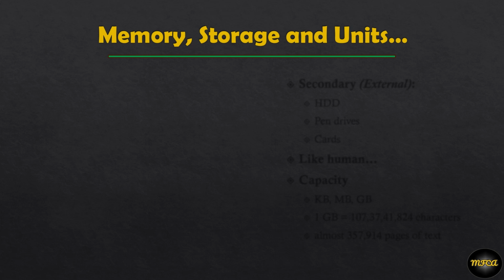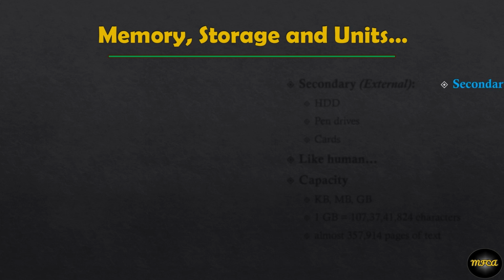Alright, guys, we are still talking about computers' memory. We have learned about RAM, that super fast memory inside the CPU that remembers things for a short time. But what if you want to store stuff for a longer period, like your favorite game or a whole bunch of photos?